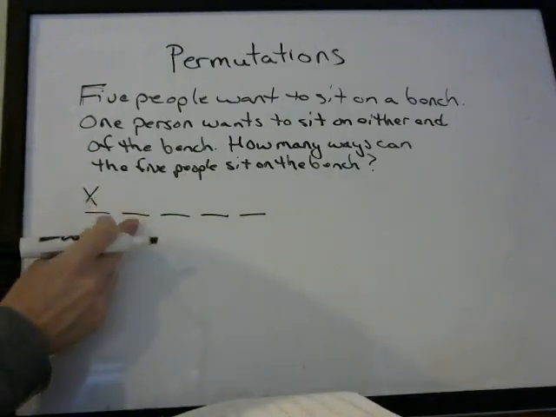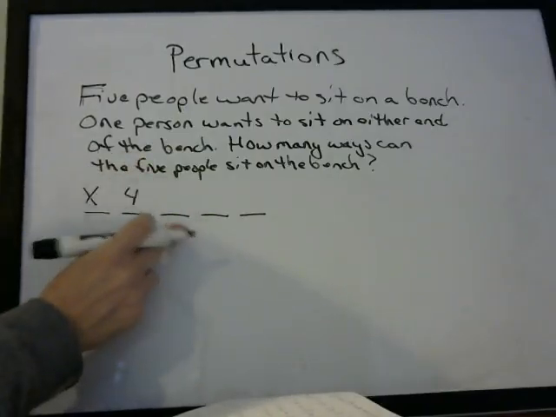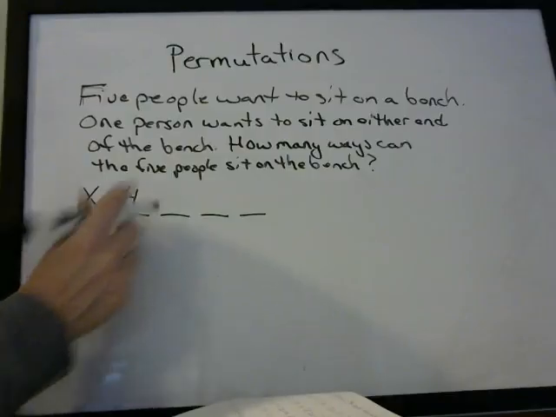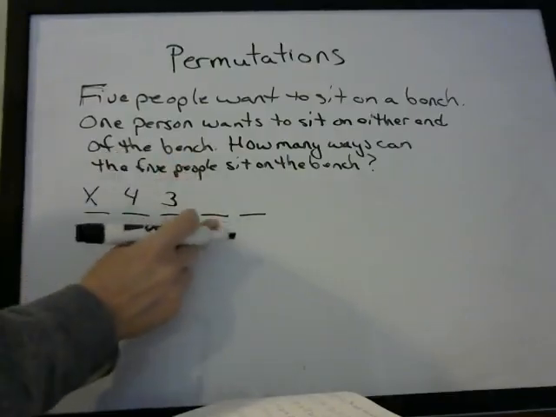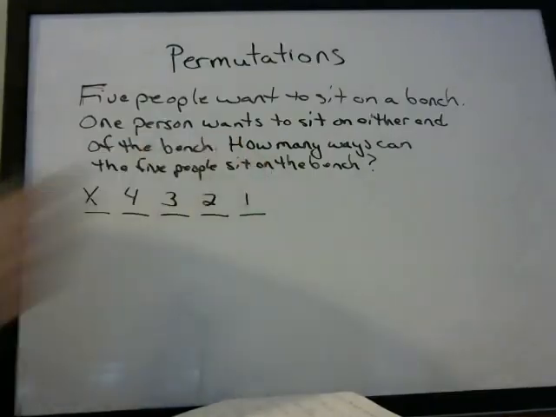So how many choices do you have for this spot? You have 4. How many choices for this? Well, once this guy sits down, there's only 3 people left, so you have 3. How many choices are there for this spot? There's only 2, and then there's only 1 person standing, so he has to sit there.